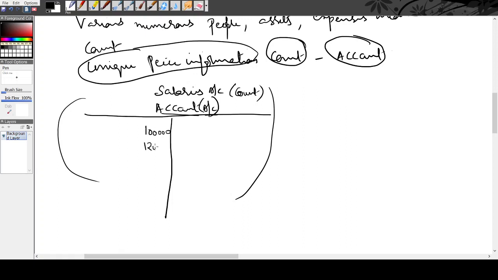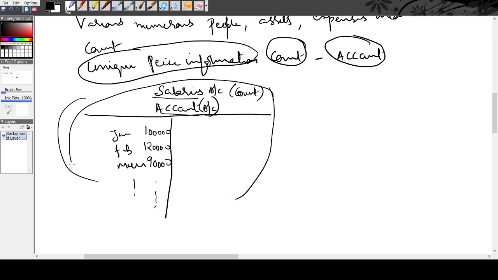Next month, we might have paid 1,20,000 rupees. We might next have incurred 90,000 rupees, say January, February, March, etc. So we are going to keep a count of the salaries in this account called the salaries account. This will help us to find out what is the total amount of salaries paid during the period. So that is an account.